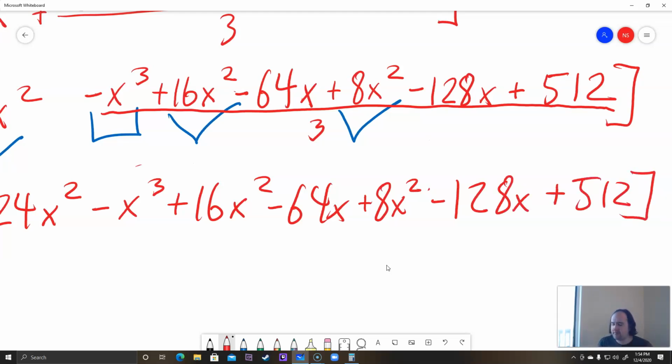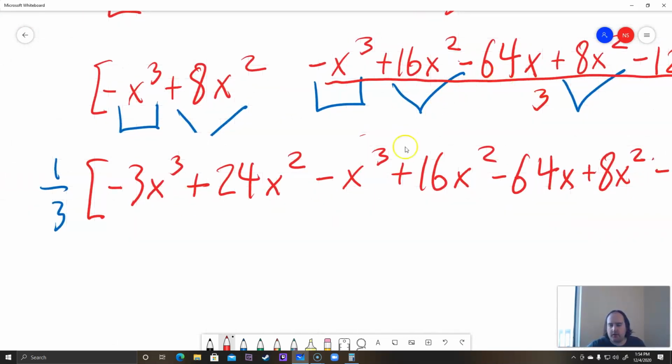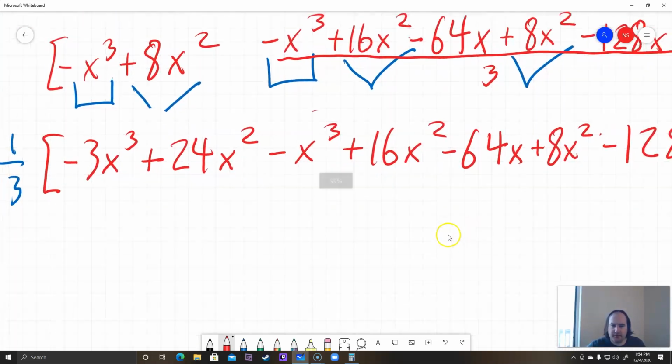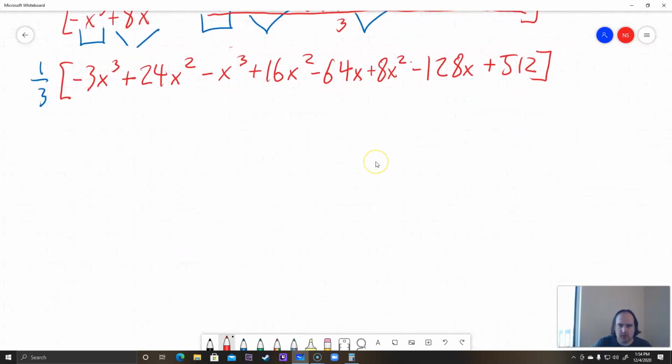And obviously if you have a calculator that will do polynomials like this, it could save you a ton of time. But I'm just doing it by hand because some people don't have those calculators. I factored out a 1/3 just so that we can finally combine these like terms. So let me zoom out, and we're going to go ahead and combine like terms.